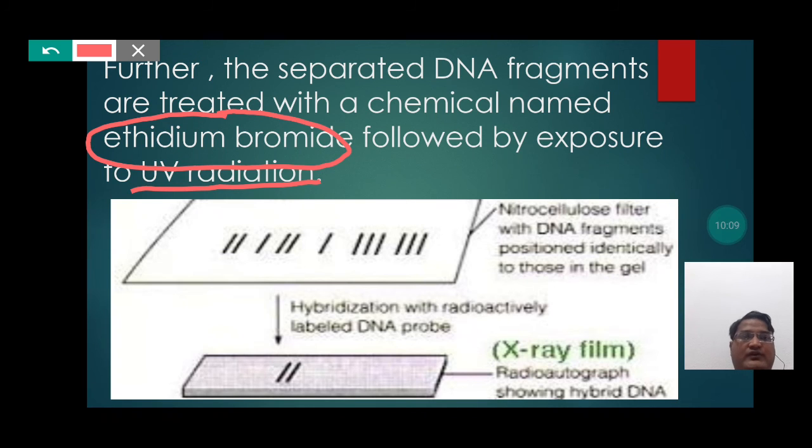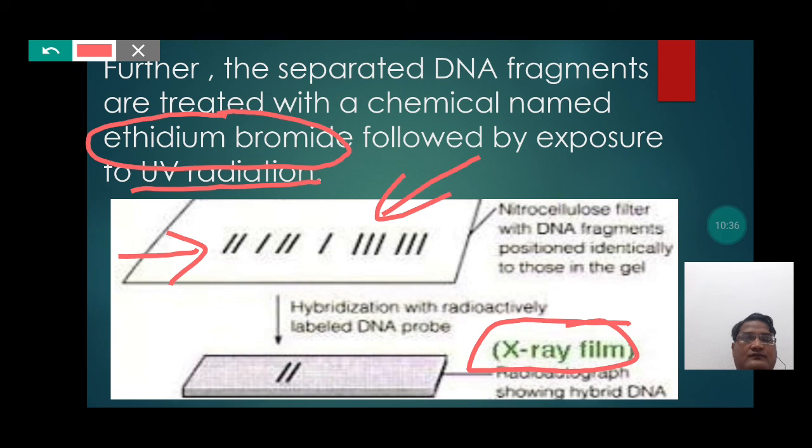So students, here you can notice that the small fragments of the DNA has been arranged according to their length and weight, where it is being treated with a specific chemical ethidium bromide, and further you can notice here that the UV radiations is being treated on the small DNA fragments.